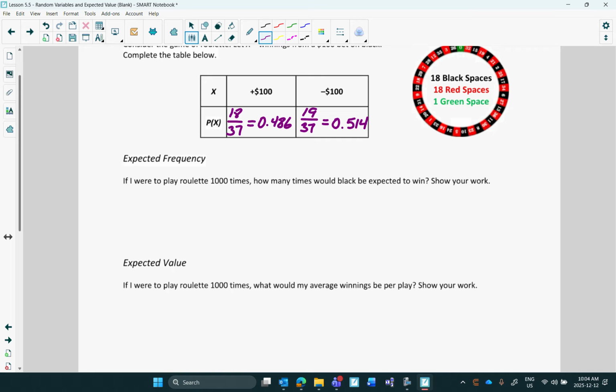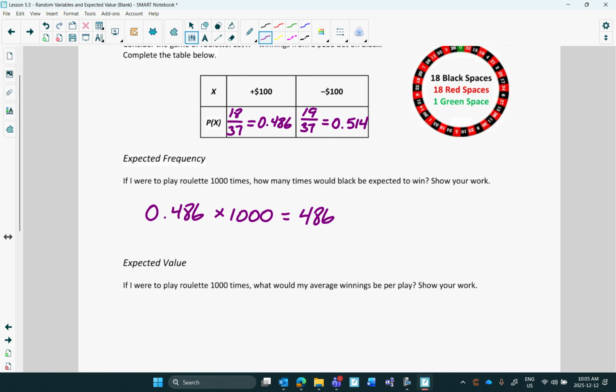Wouldn't we just take the probability of getting 100 one time, times 1,000? We would expect that if we played 1,000 times, we would get black 486 times. Doesn't mean that's going to happen, but according to probability theory, that's what we expect would happen.